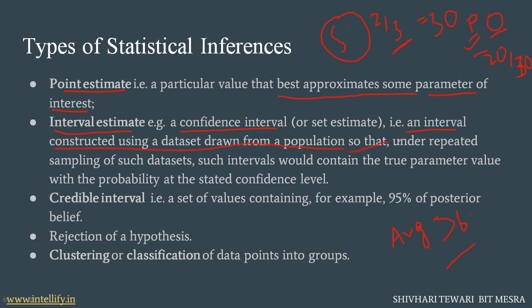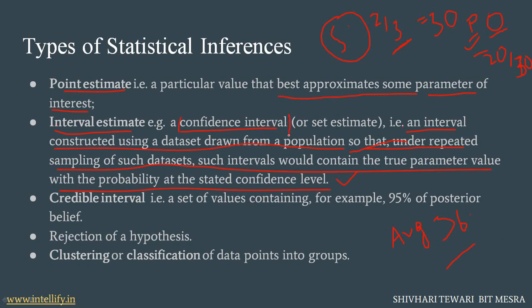So this is how interval estimate works, so that under repeated sampling of such data sets, such intervals could contain the true parameter value with probability at the stated confidence level. That means there is a confidence level given from the particular data set, and this is also known as the confidence interval.